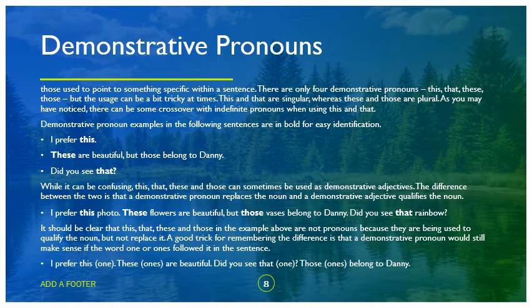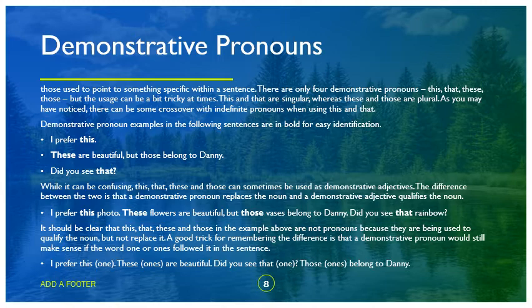Demonstrative pronouns. Those used to point to something specific within a sentence. There are only four demonstrative pronouns: this, that, these, and those. But the usage can be a bit tricky at times. This and that are singular, whereas these and those are plural.